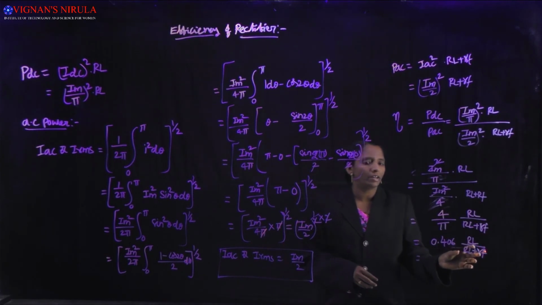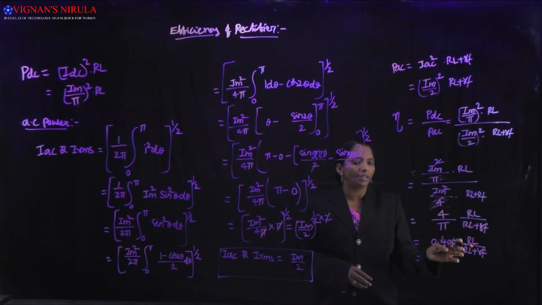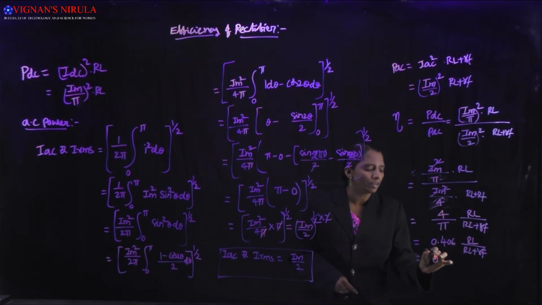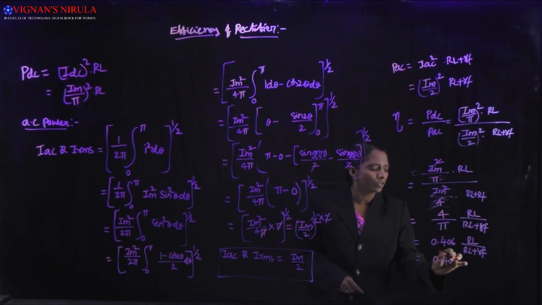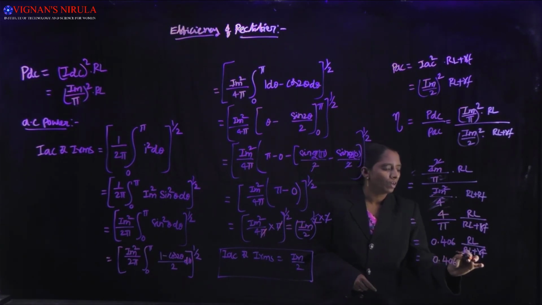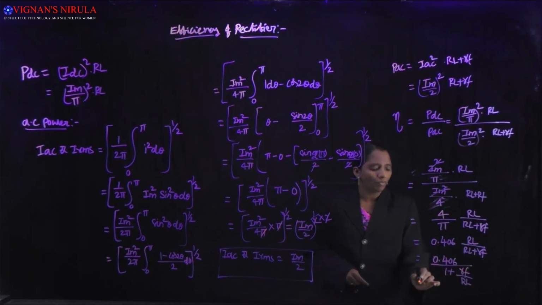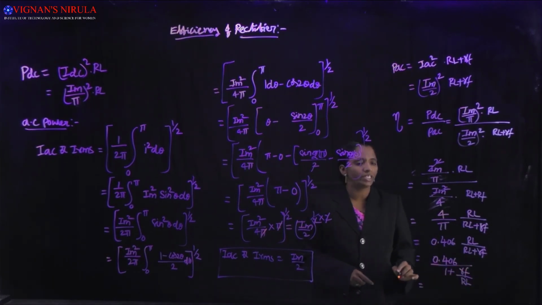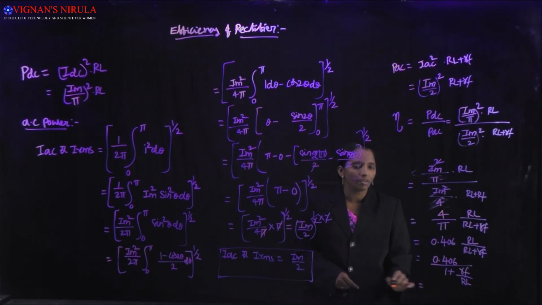Divide the right side, both numerator and denominator, by RL. Then we are getting 0.406 into 1 divided by 1 plus RF by RL. To get the maximum efficiency, RF should be small or negligible. RF by RL is negligible.